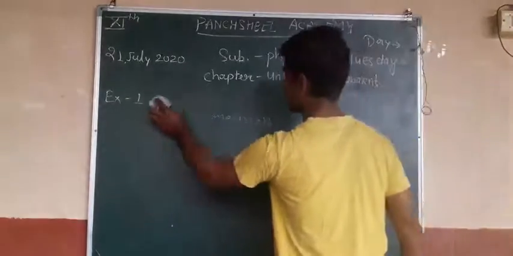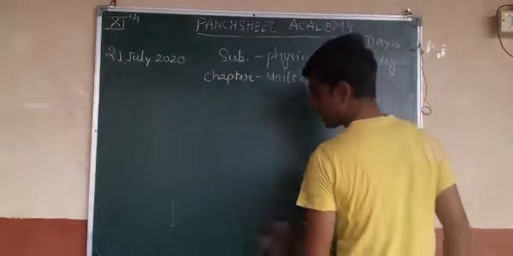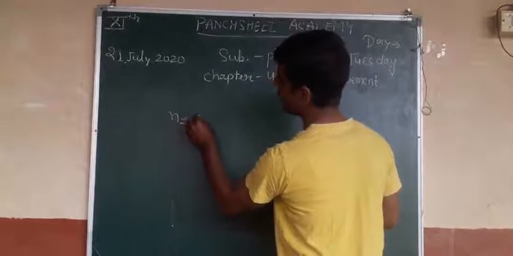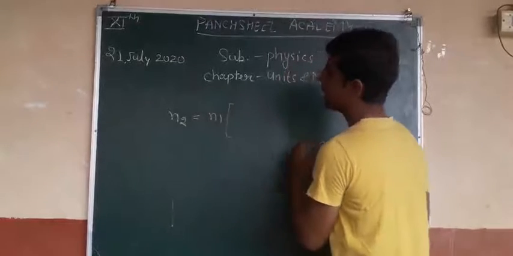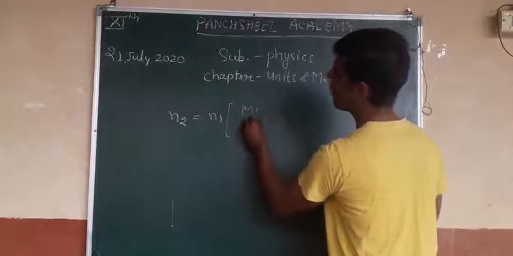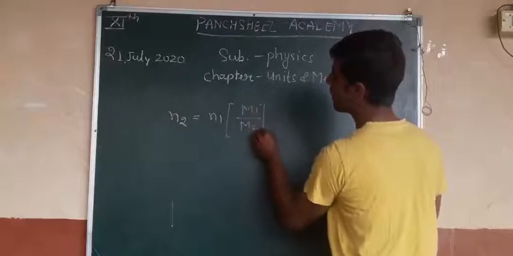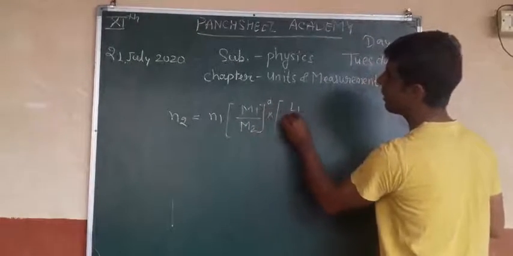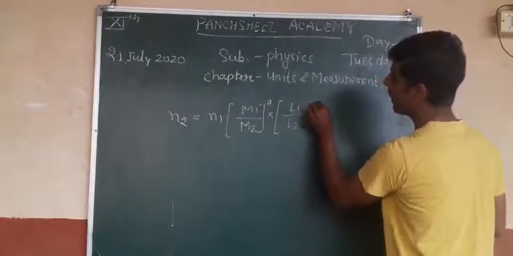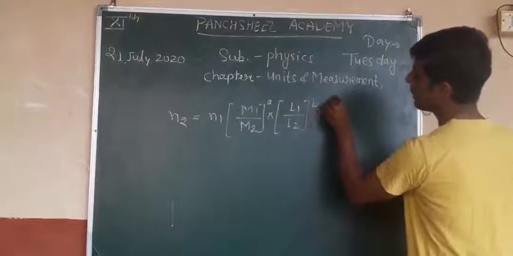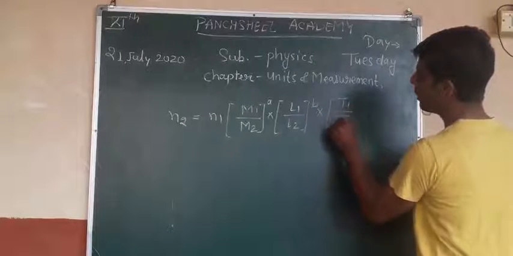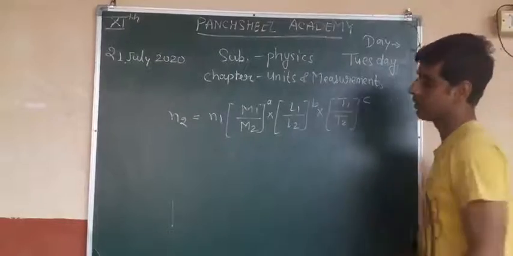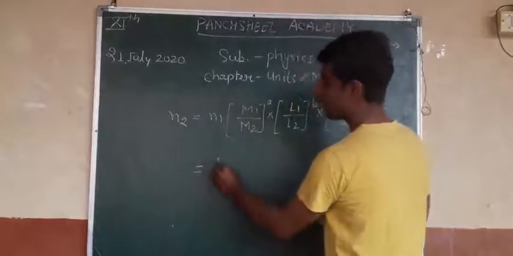So I have a very important formula for the conversion of one system of unit into another, that is N2 equal to N1 in bracket M1 upon M2, that is power A, and L1 upon L2 power B, and T1 upon T2 the whole power is C. So what is the value of N1?